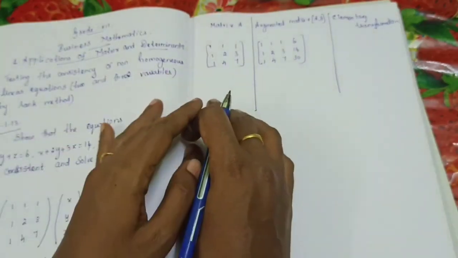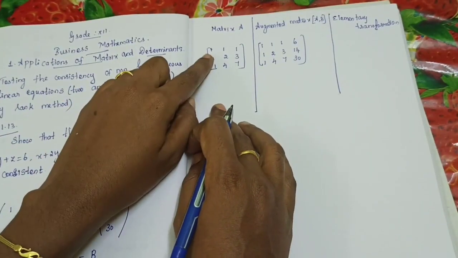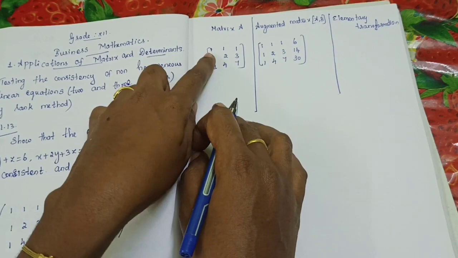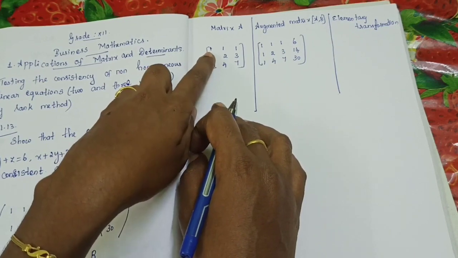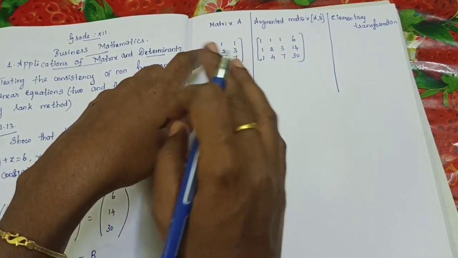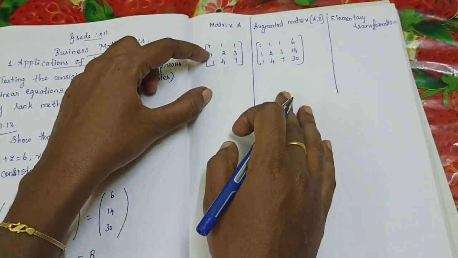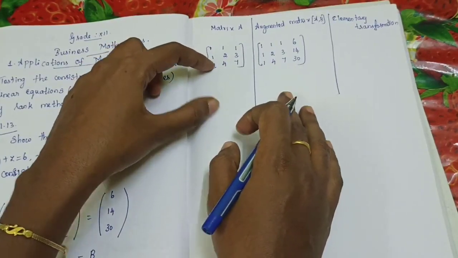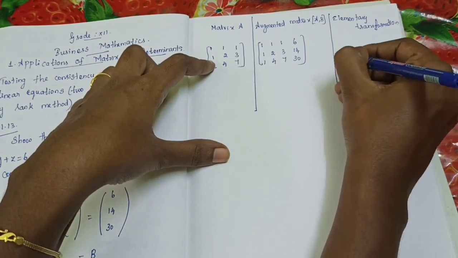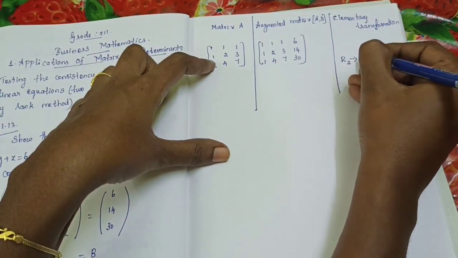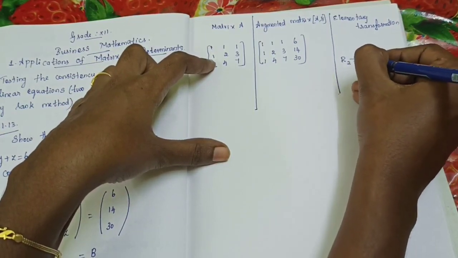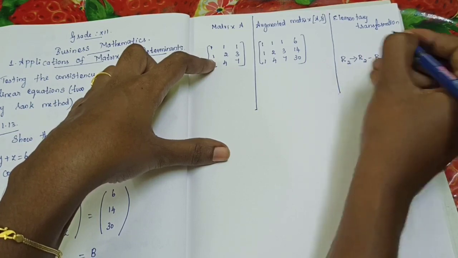I explained to you that in the first row, first column, the first entry must be non-zero. Yes, it's correct. So we need to change these two entries to 0. So how will we change? R2 implies R2 minus R1. Shall we check?